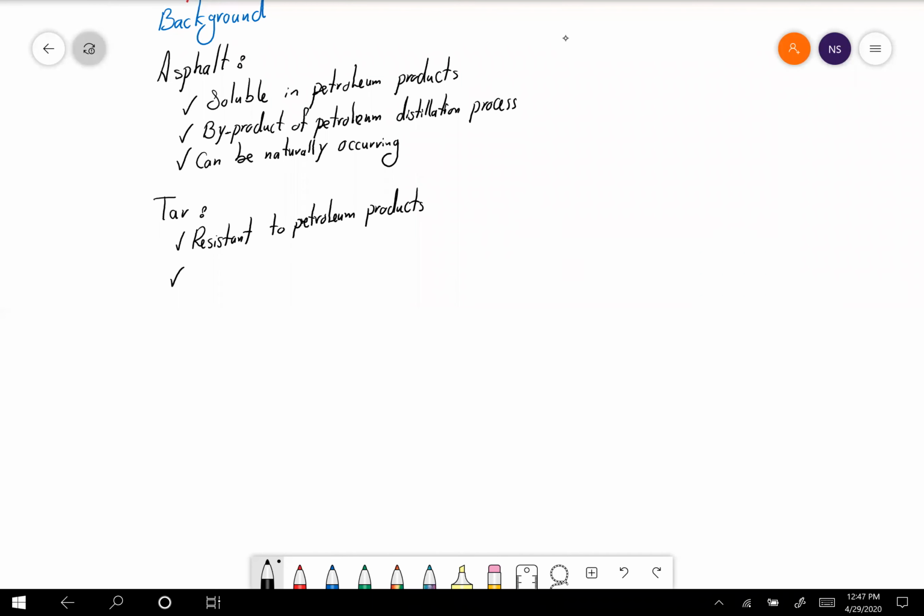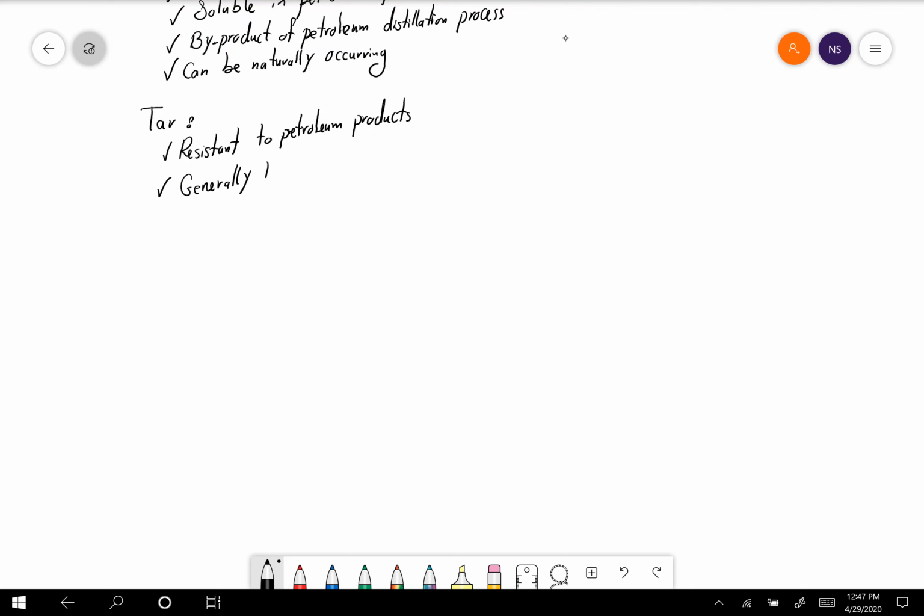It's also generally a byproduct of coke or from the coal mining process. So that's it.